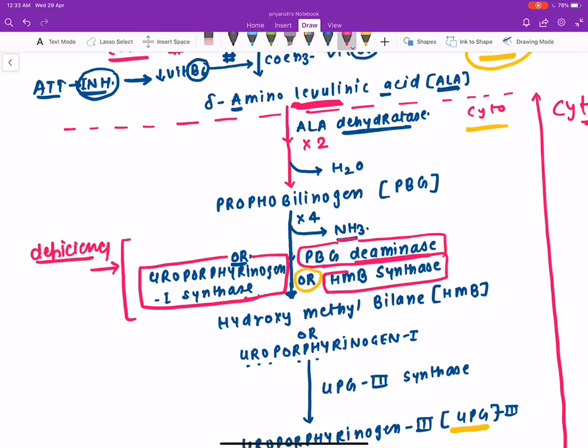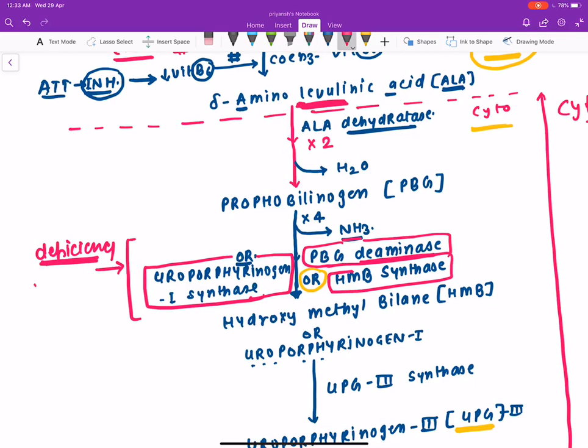If there is deficiency of these enzymes, the condition is called acute intermittent porphyria. This is the most important question they can ask from this pathway: acute intermittent porphyria is due to which enzyme deficiency? They will give one of the names of the enzyme, either uroporphyrinogen 1 synthase, or PBG deaminase, or HMB synthase. You have to select whichever is given in your choice.